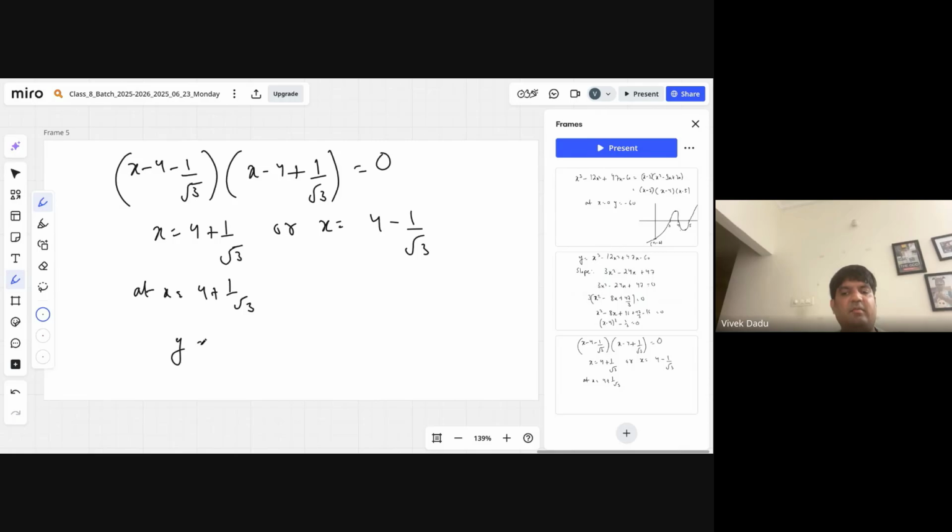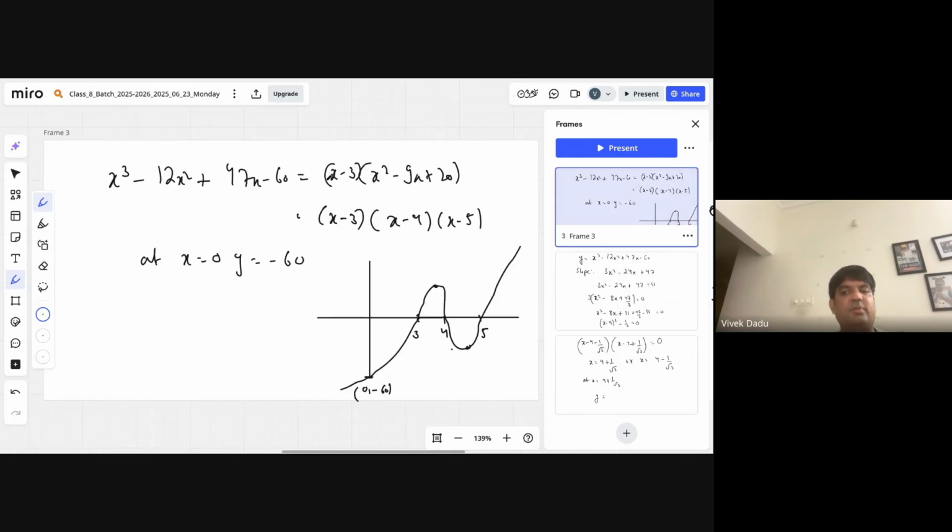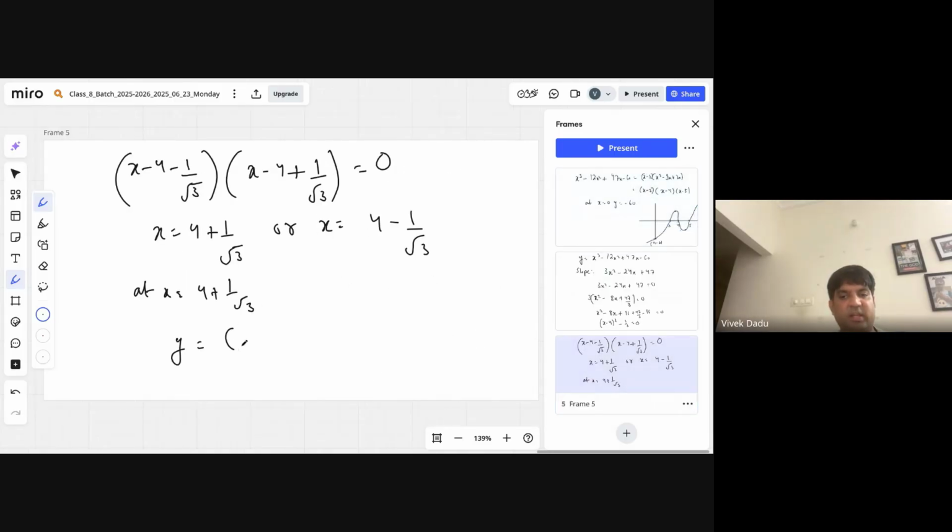So he said y is this, right? x cube minus 12x square plus. But we had already factorized this. Or he did actually. You can write y like this or no? Yes or no?